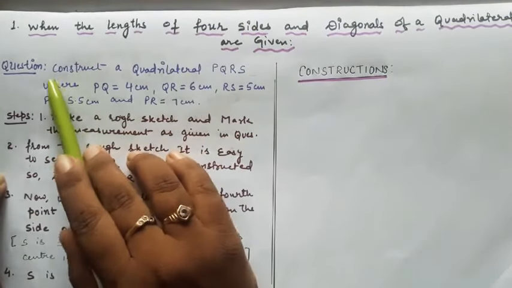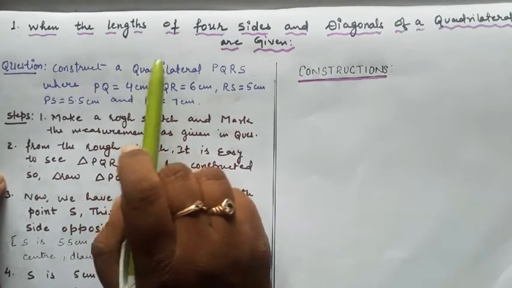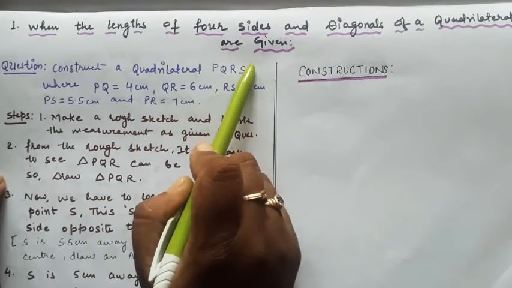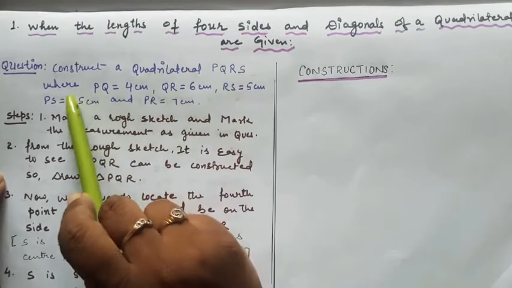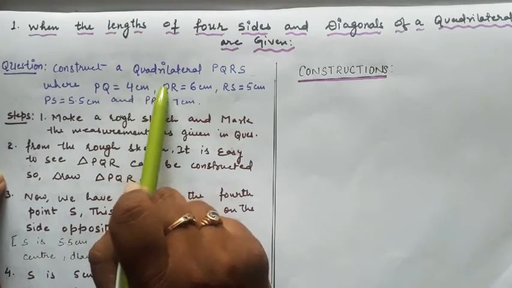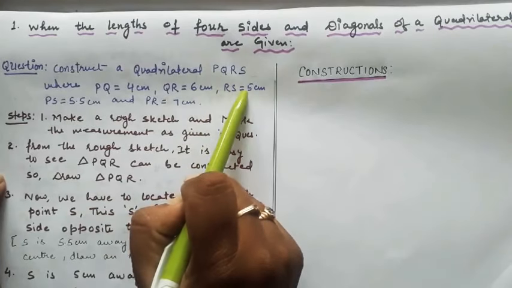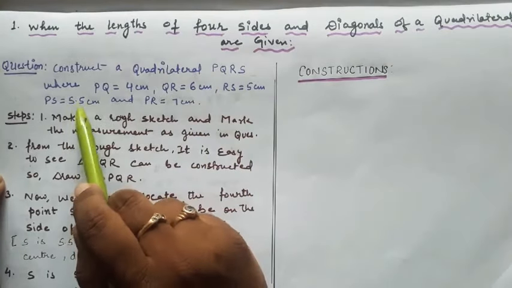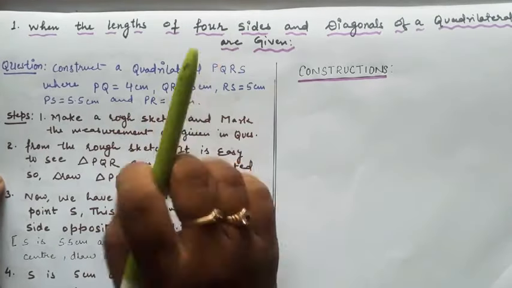The question is: construct a quadrilateral PQRS where PQ is equal to 4 centimeter, QR is equal to 6 centimeter, RS is equal to 5 centimeter, PS is equal to 5.5 centimeter, and PR is equal to 7 centimeters.